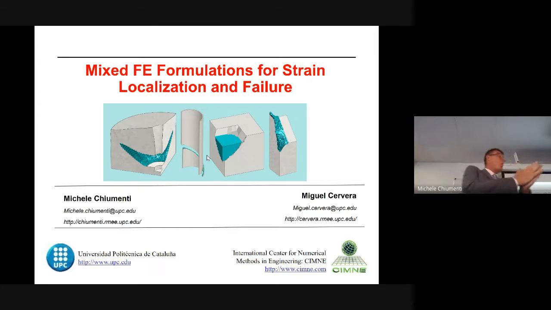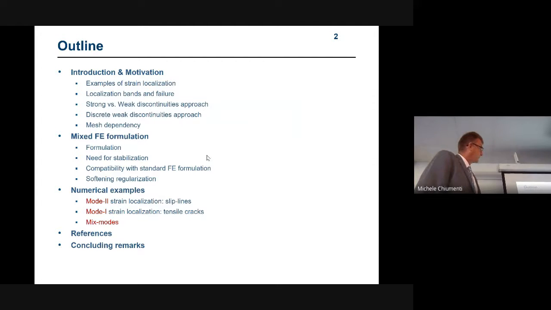Let's say mode 1 means cracking or sliding, which is more typical for metals. So I will go through some idea of what is failure, what is strain localization, and how to tackle this through finite elements.